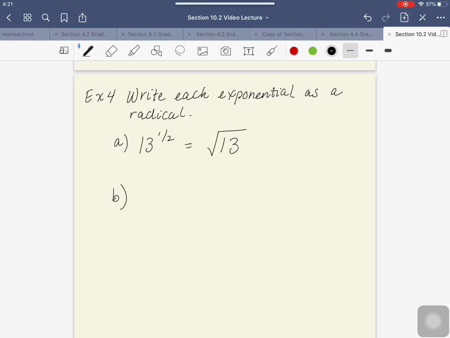And you can stop there unless it tells you to evaluate it to a certain decimal point. You can leave it in radical form. All right, 6 to the 3/4 power would be the 4th root of 6 to the 3rd power.